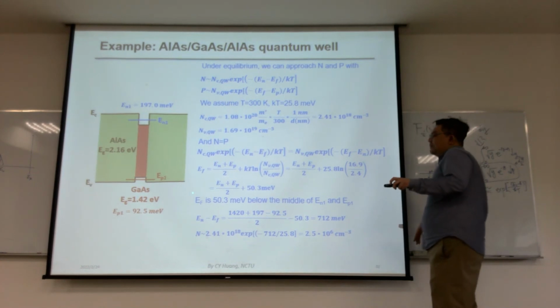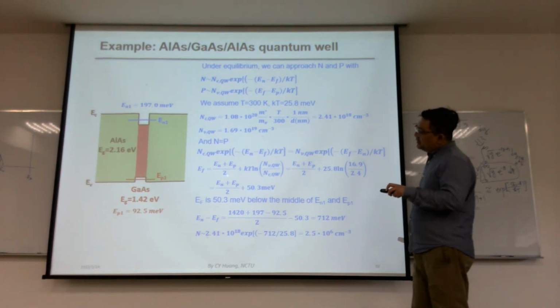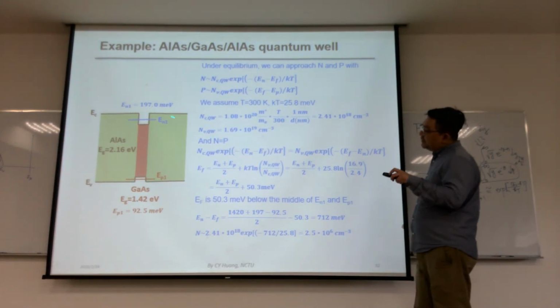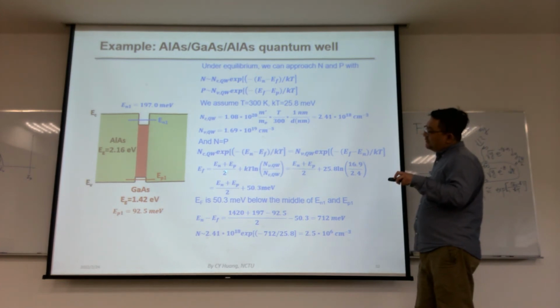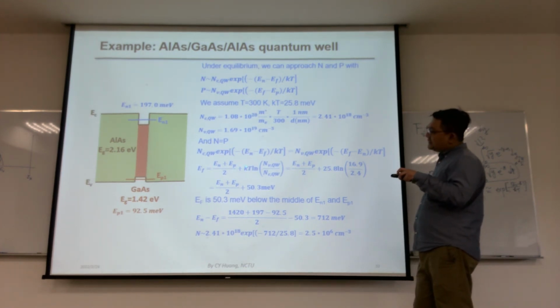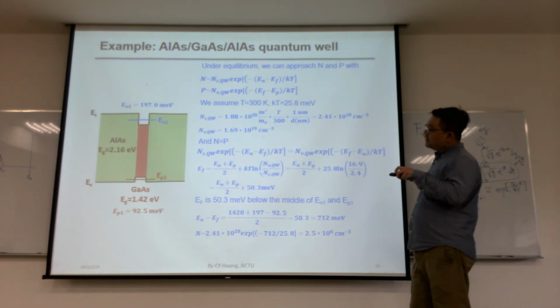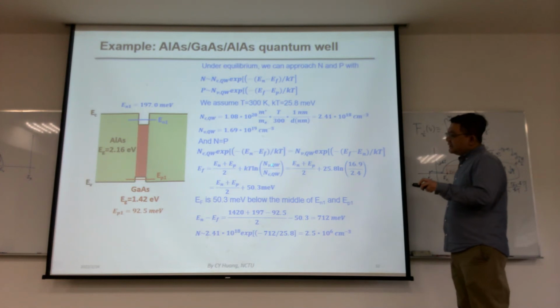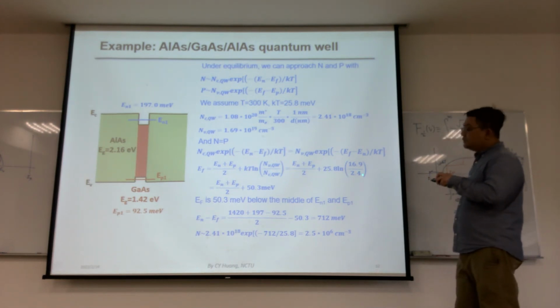The Fermi level should be something in the middle of the first ground state in the conduction band and the valence band, plus KT natural log NV divided by NC. Alright, since you have calculated that, you can just put it in.